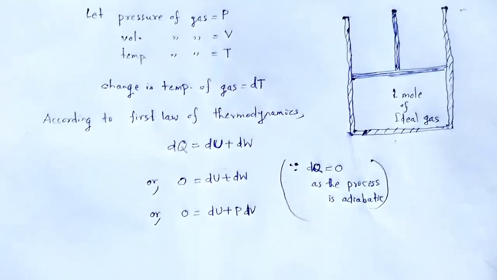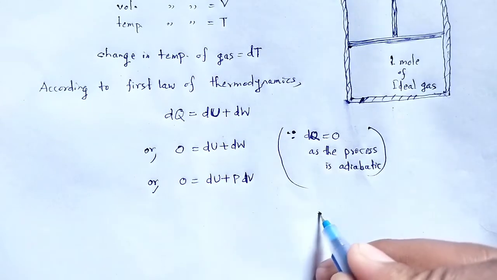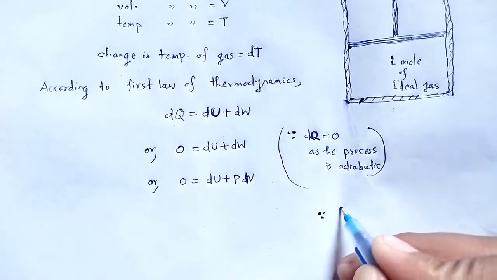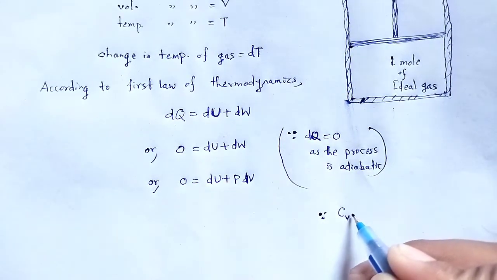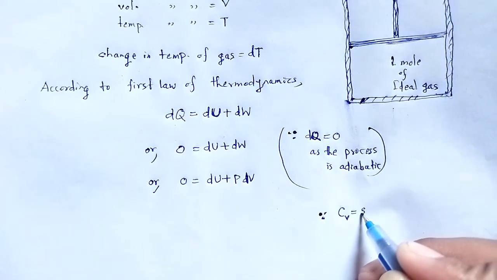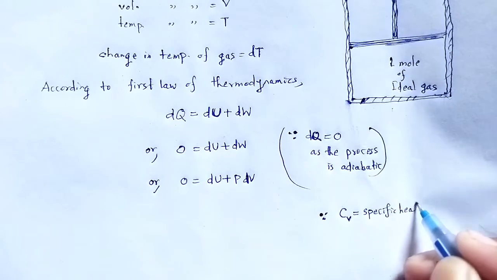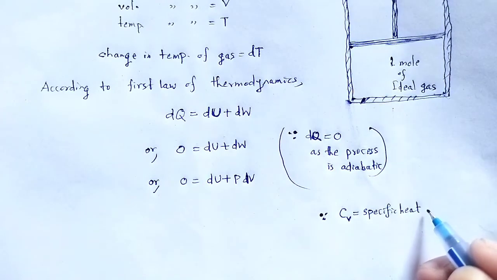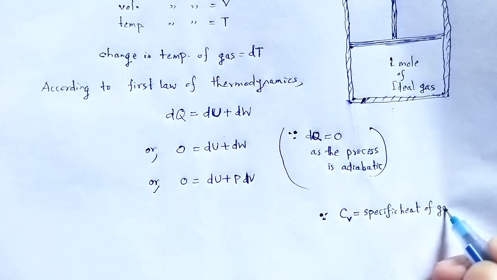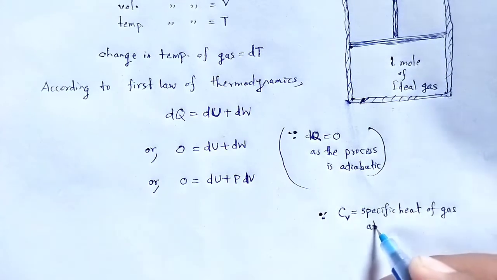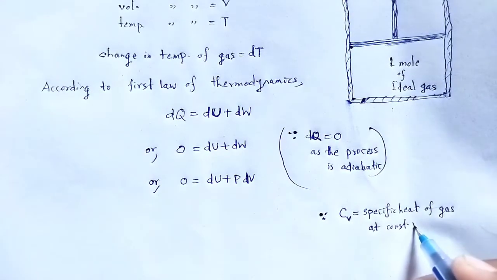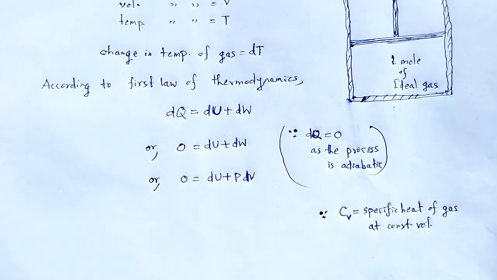Again, we know Cv is the specific heat of gas at constant volume. What is the specific heat of gas at constant volume?